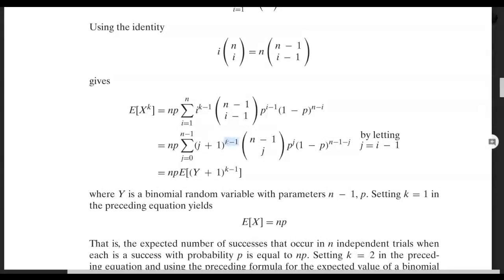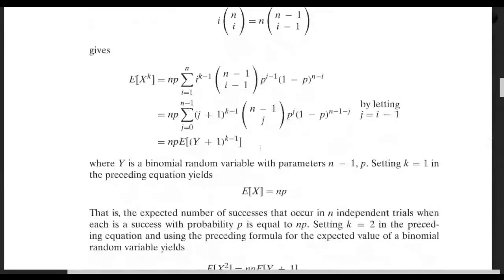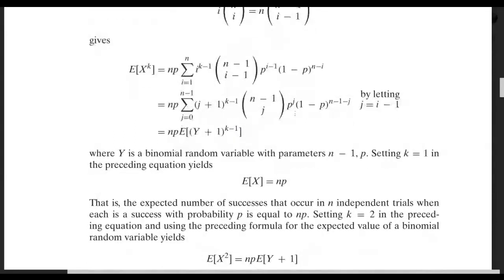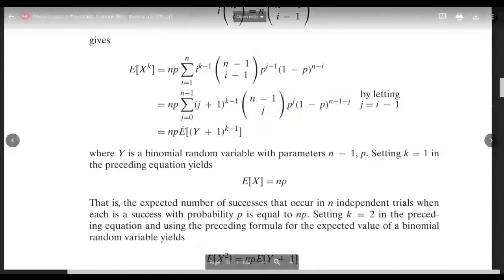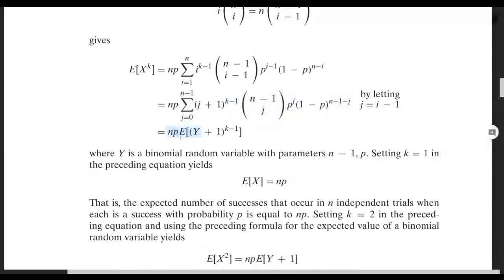So now what happens? By binomial, this whole thing equals np times expected value of, okay, so y now is a binomial random variable, y plus 1 raised to k minus 1, right?